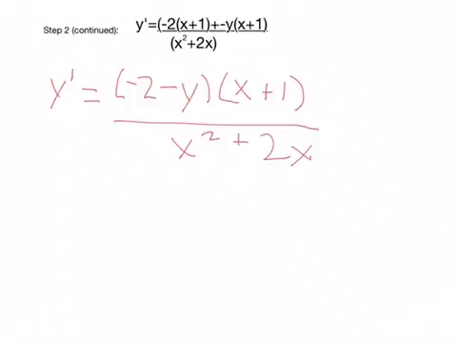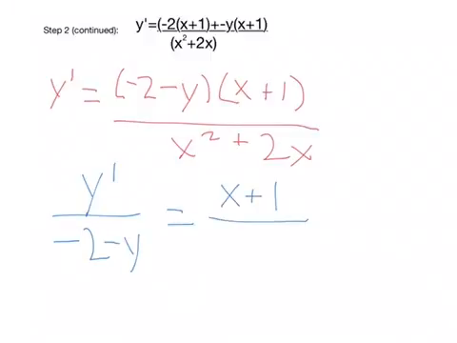And to finish step 2, we're going to take both sides and divide them by negative 2 minus y. So when we do that, that's going to leave us with y prime over negative 2 minus y equals x plus 1 over x squared plus 2x dx.